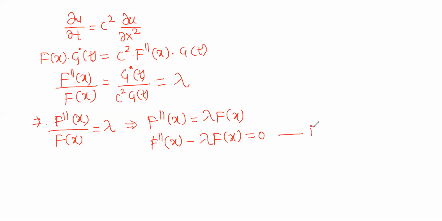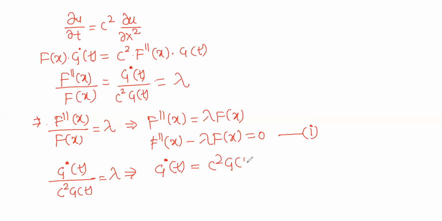This is one equation. Now let me derive in terms of g dot. g dot t upon c square g of t is also equal to lambda. So g dot t equal to lambda c square g of t, that is, g dot t minus lambda c square g of t equal to 0. This is my equation 2. And now from here come all the cases.